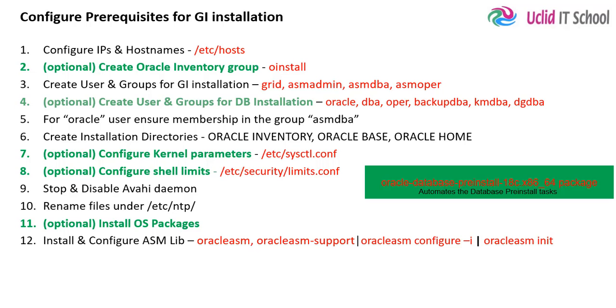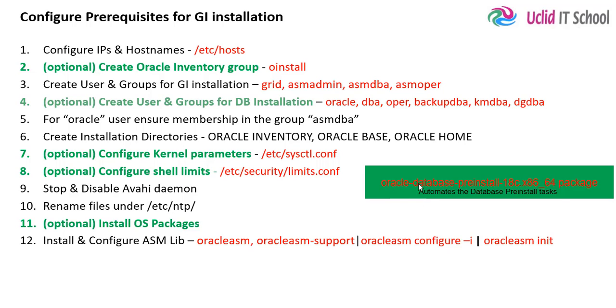Alternatively, Oracle provides an RPM, Oracle Database Pre-install RPM. This RPM will automate the database pre-installation tasks, specifically the ones marked in green color. So if you install this RPM, the tasks highlighted in green color are automatically configured for you.